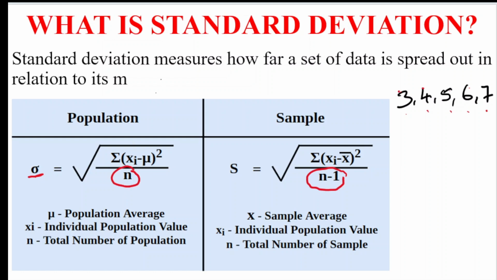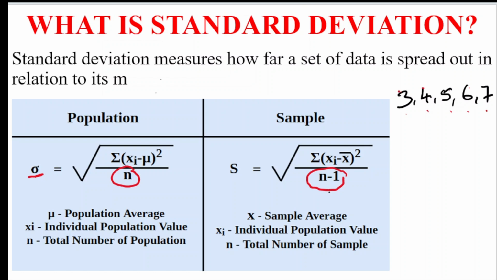That is the only difference between the two. Now the x bar here is the sample average, while in population standard deviation, the average is represented by mu. So they are the same. It's just the n minus 1 that is different.